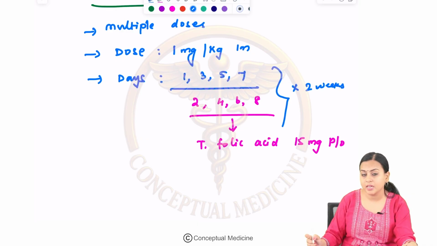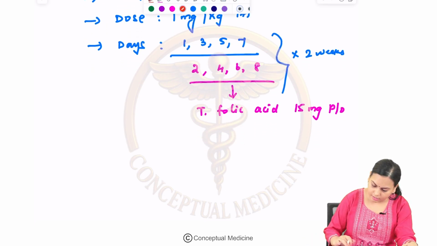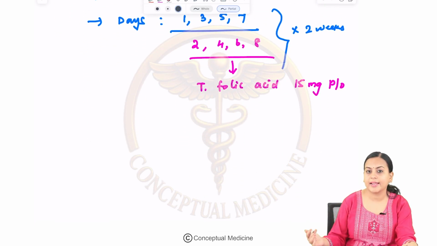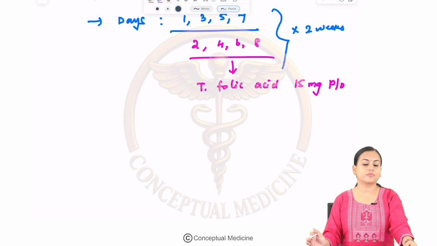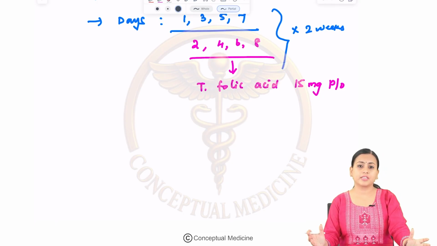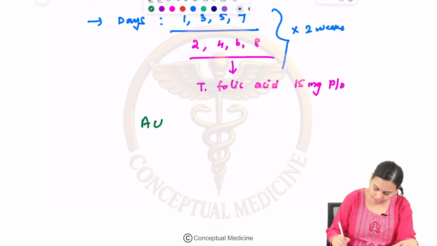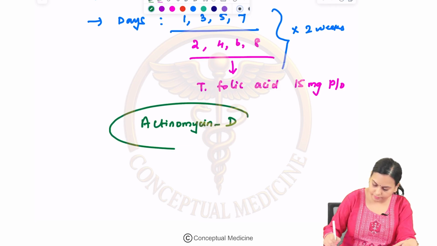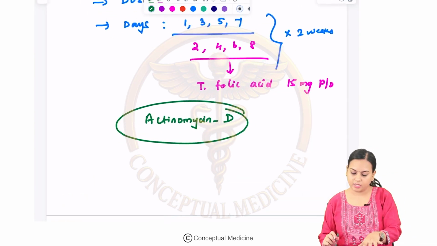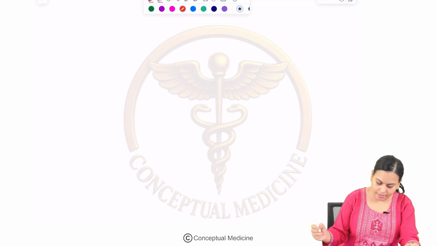This regimen will be continued for 2 weeks, and that's it. One alternate drug you can use instead of methotrexate, when there are contraindications or side effects of methotrexate, is actinomycin D. Clear?